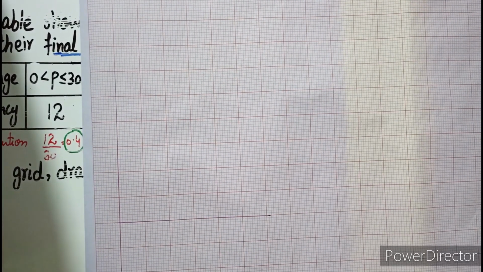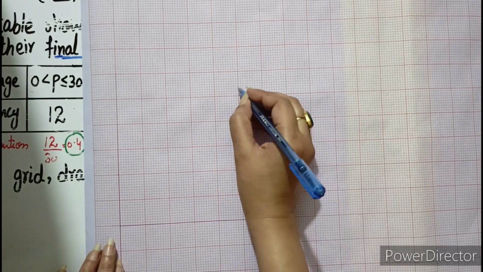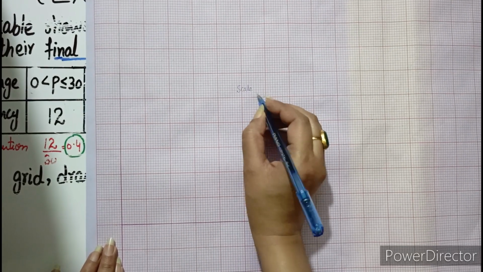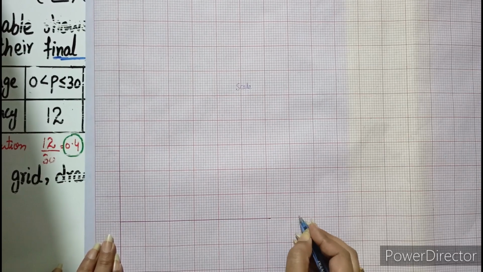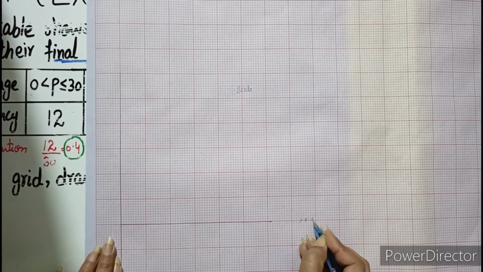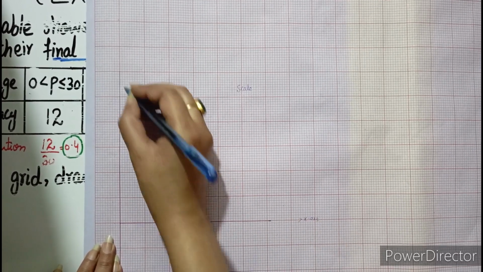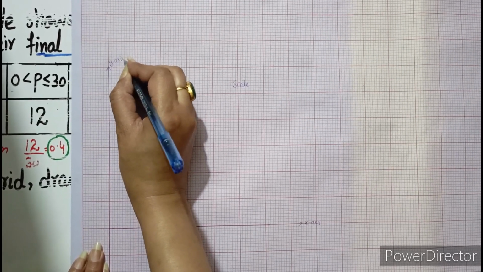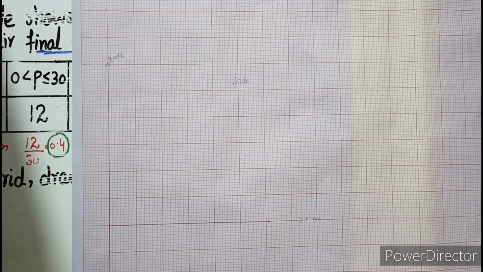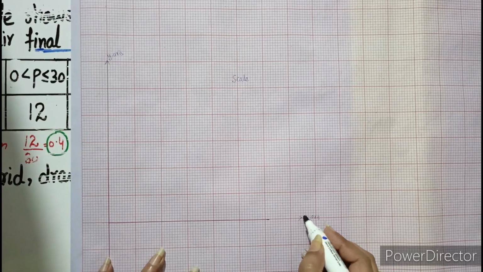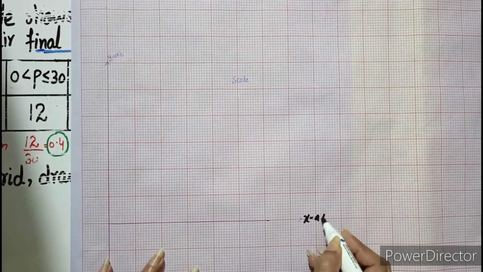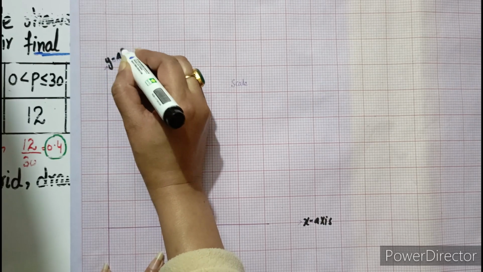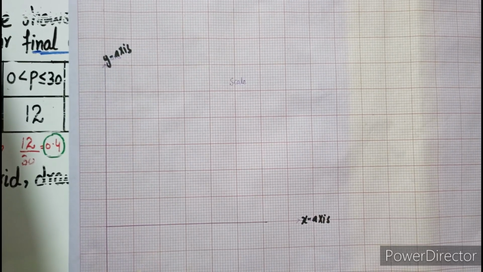So I'm taking the scale. If I mention the scale over here, this is the x-axis and this is the y-axis.